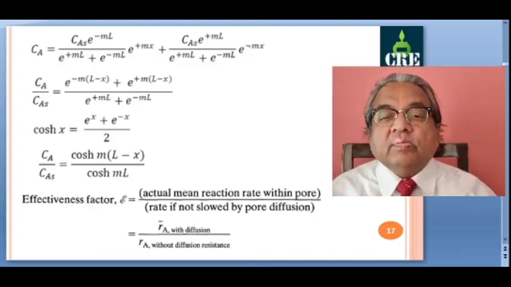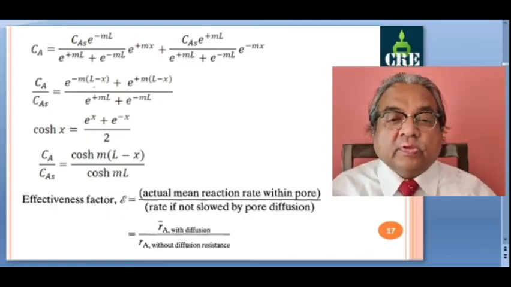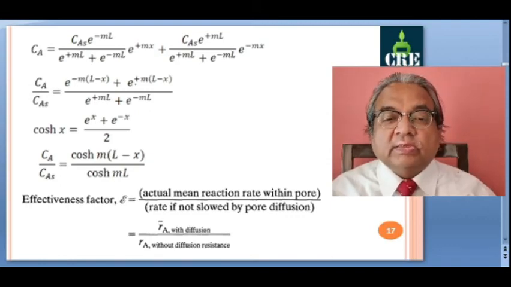Here plus ml minus mx, so if I write plus m into L minus x, I will get this. So we have added these indices and simplified. So what we get is e raised to minus m into L minus x plus e raised to plus m into L minus x divided by e raised to plus ml plus e raised to minus ml.